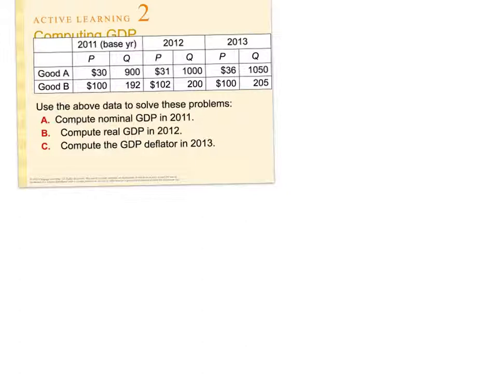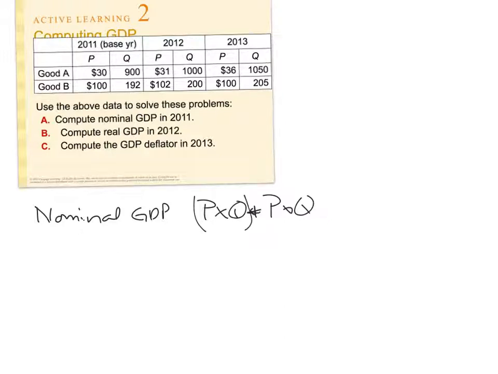Okay, so the first step is to compute nominal GDP in 2011. So we have nominal GDP. Remember, nominal GDP is just price times quantity plus price times quantity. I should put a plus a little bit better there. I'm going to do that for 2011 because that's what the problem's asking me to do.